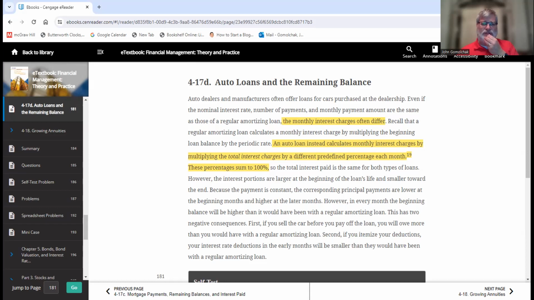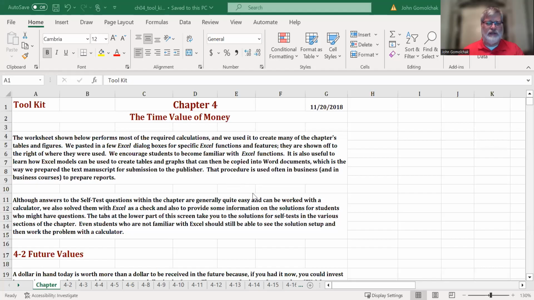All righty. Auto loans and remaining balance. What I want to do is go to, I think I have it up. Let me see if I do. I have to try and share my screen. Okay, this is the toolkit that the publisher gives us.